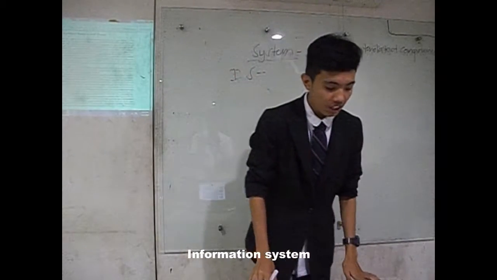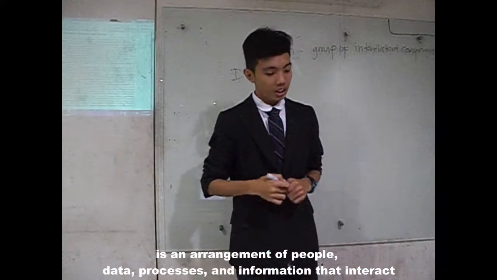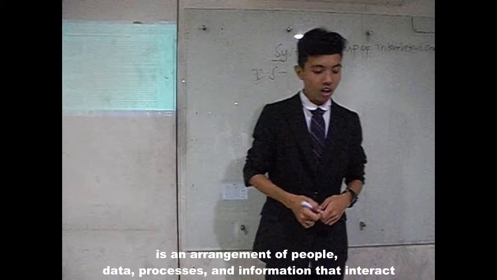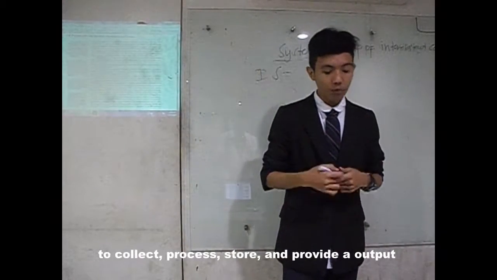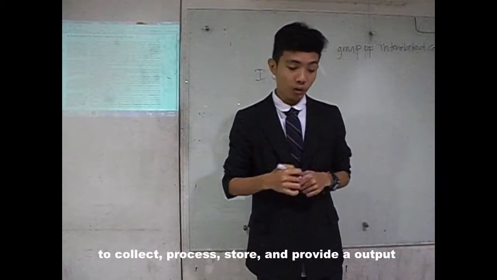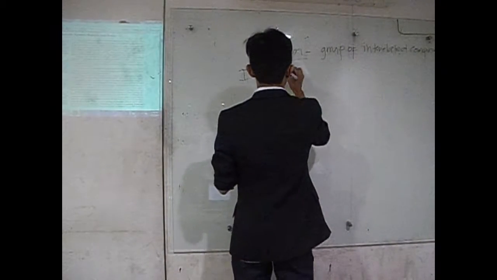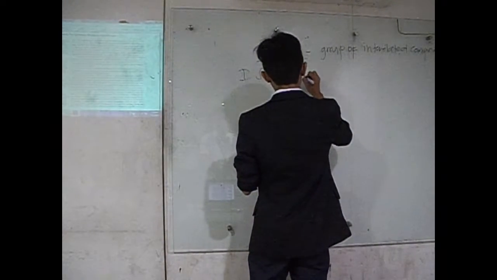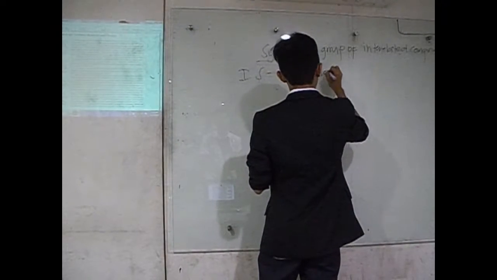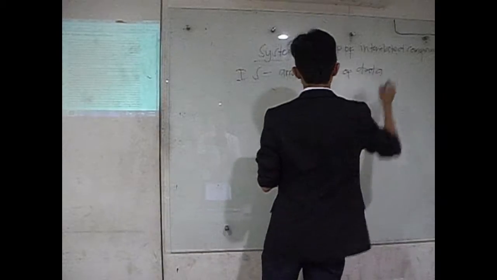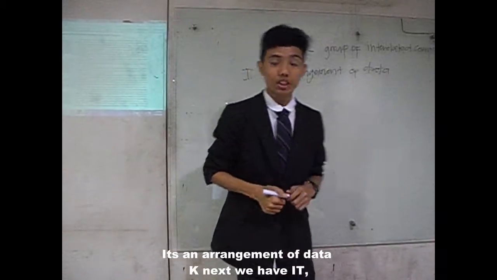An information system is an arrangement of people, data, processes, and information that interact to collect, process, store, and provide an output.